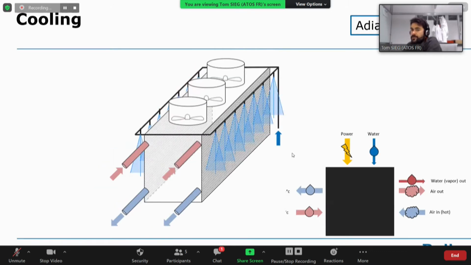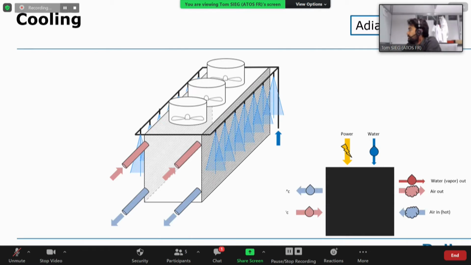If you want to optimize it in a not really good situation, you will be able to use an adiabatic cooler. It's exactly the same as the previous one.